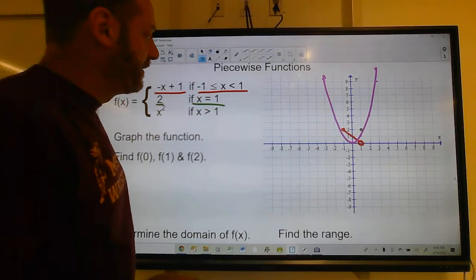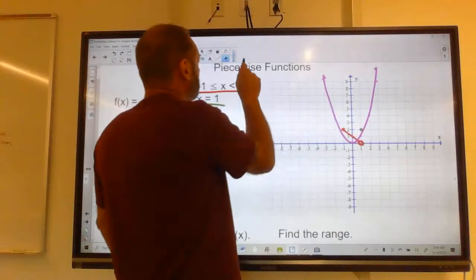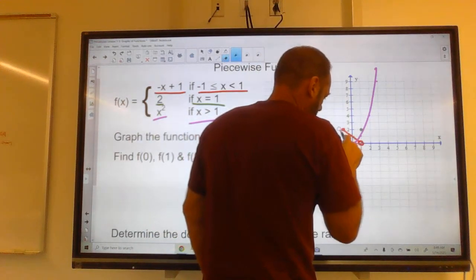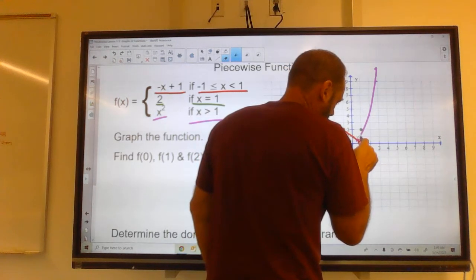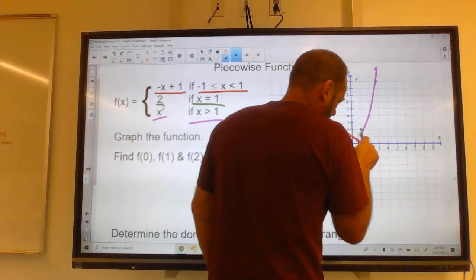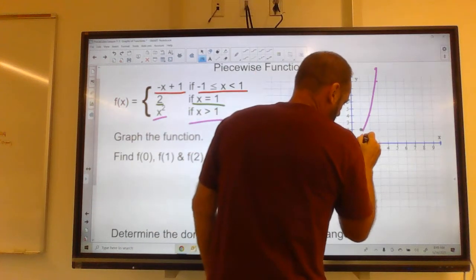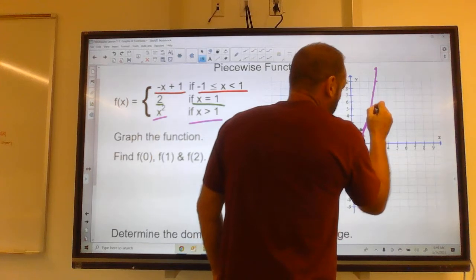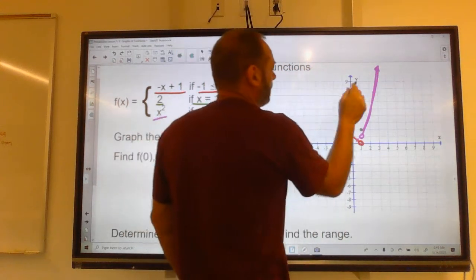Okay, now here's the thing. I only want this when x is greater than 1. So what that means is I don't want any of this. I don't want any of this. I got an open circle right here. And then it goes up like this. That's better.